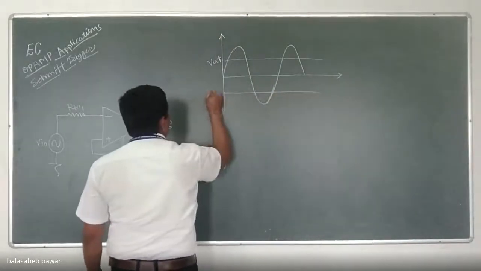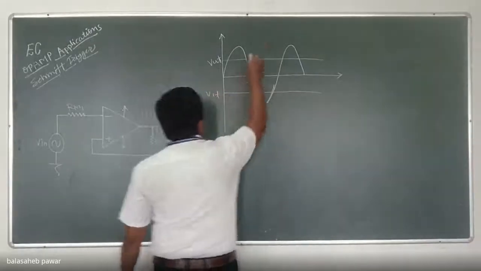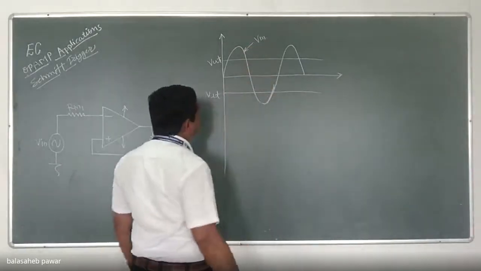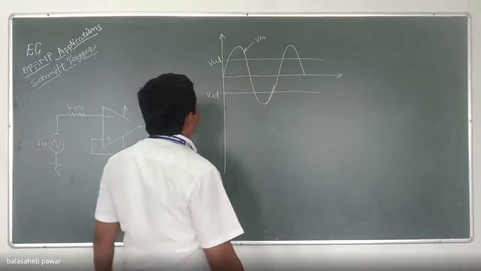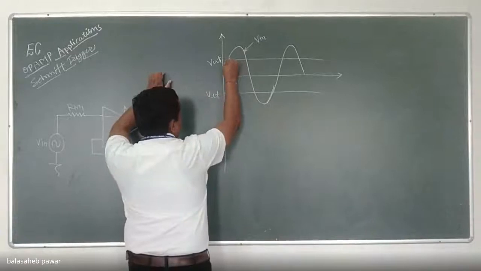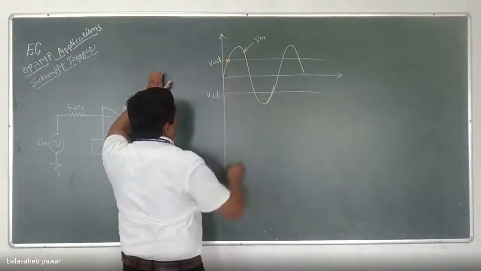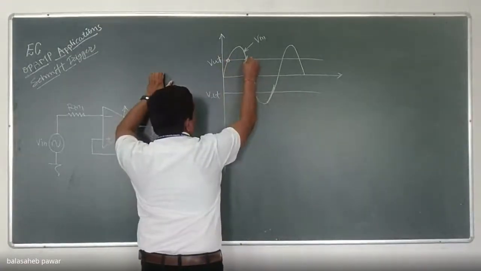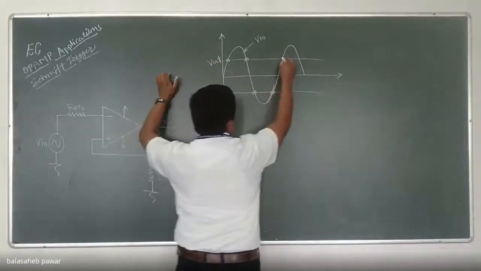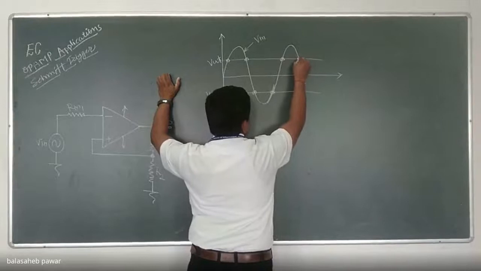This is nothing but the lower threshold voltage, and this one is my Vin. Okay. So just check the various crossing points of the input signal and both Vts. It will be over here, and again during the positive half over here.